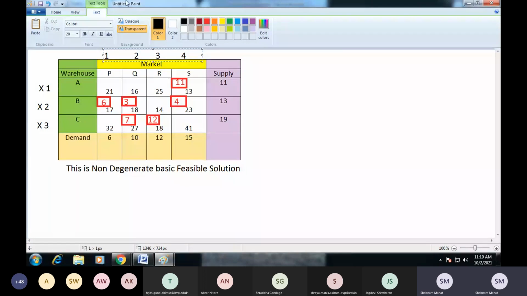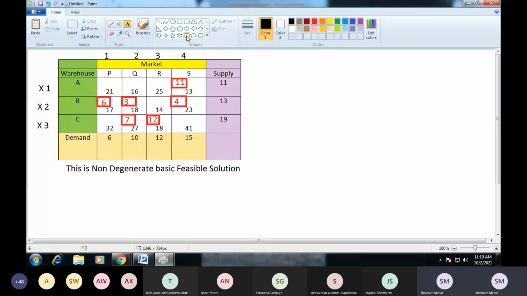So write down the first value. Where is the first value? Your first value is here, where we allocated 11. So this belongs to x14. So x11 is equal to 0, x12 is equal to 0, x13 is equal to 0, but x14 is equal to 11.